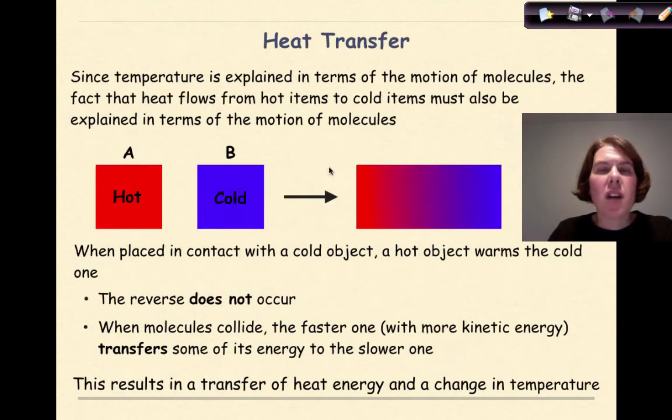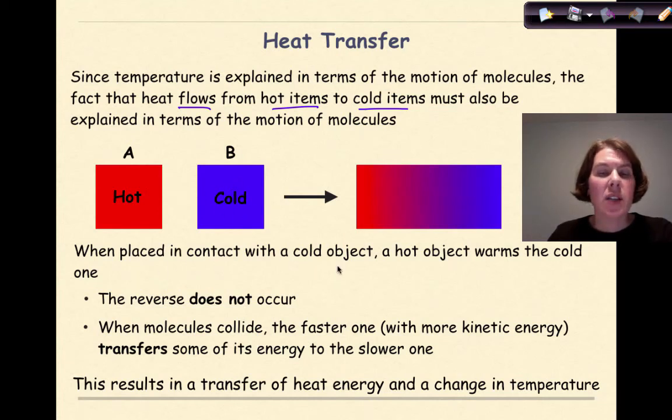Now let's talk about heat transfer. Since temperature is explained in terms of the motion of molecules, the fact that heat flows from hot items to cold items must also be explained in terms of the motion of molecules. So here we have a box representing a hot sample and a box representing a cold sample.